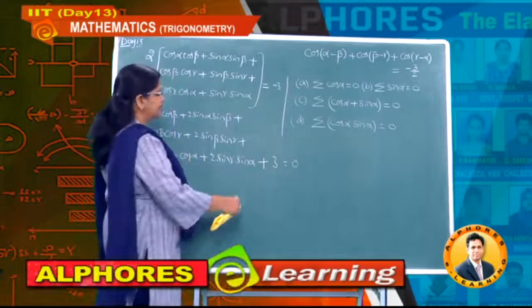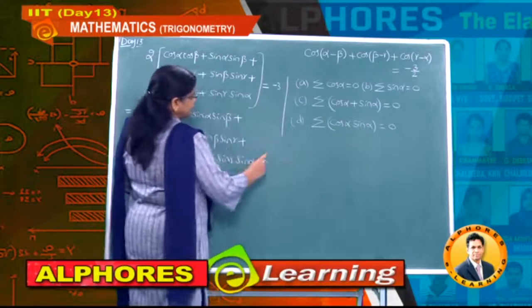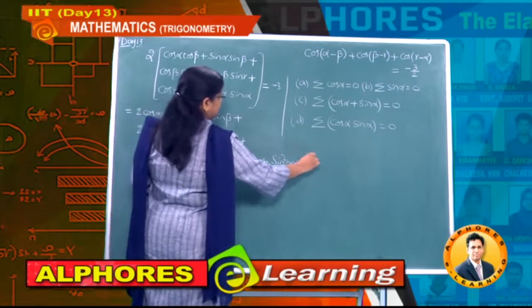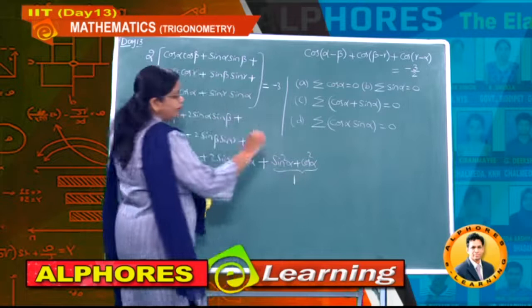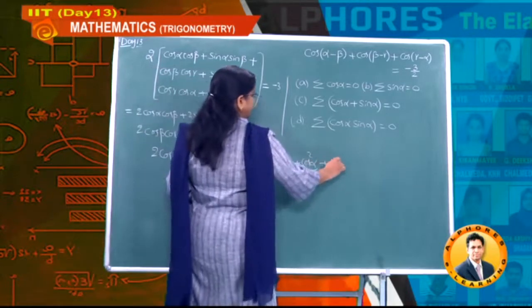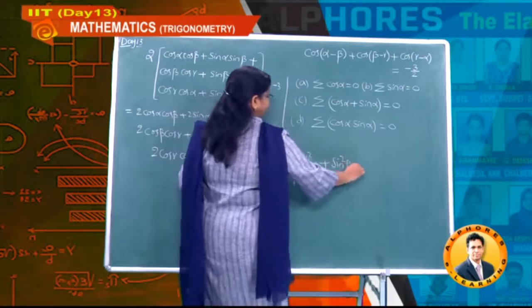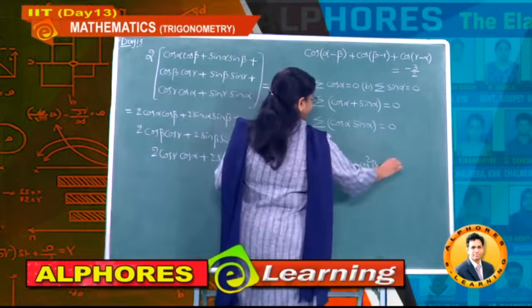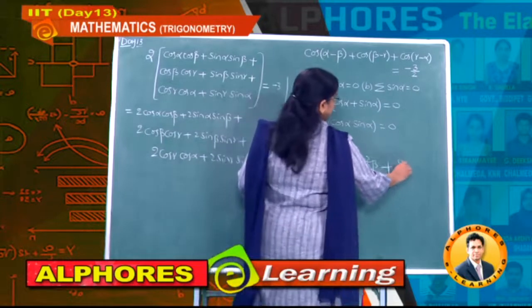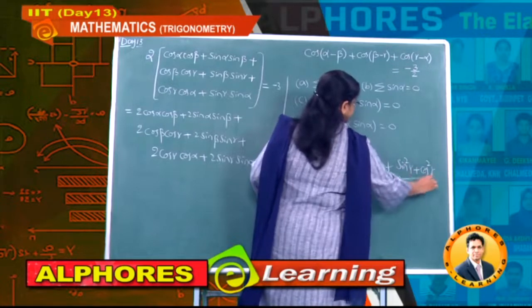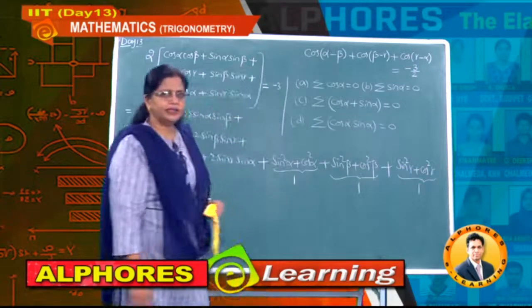I am writing this 3 as sin square alpha plus cos square alpha. Here how much did we get? This is 1. And next I am writing plus sin square beta plus cos square beta, another 1, plus next sin square gamma plus cos square gamma. So this is 1. Understand?